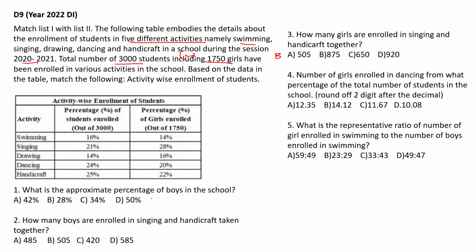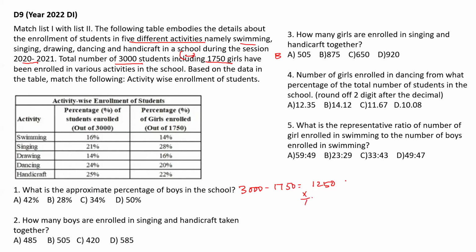What is the approximate percentage of boys in the school, they are asking. So out of 3000, girls are 1750. The remaining value would be 3000 minus 1750. Your answer would be 1250. They're asking what percentage 1250 is, right? X is what percentage of Y. So what formula?